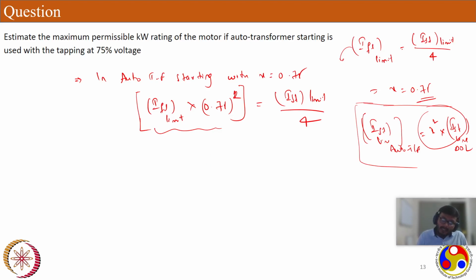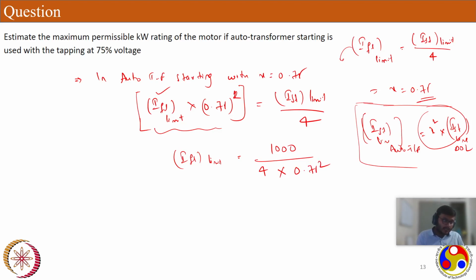Now let's see how much this new full load current will be, and how much we are improving it. My I full load limit will be, see this is 1000 anyway, the maximum permissible starting current, divided by 4. This 0.75 square will come to this side.